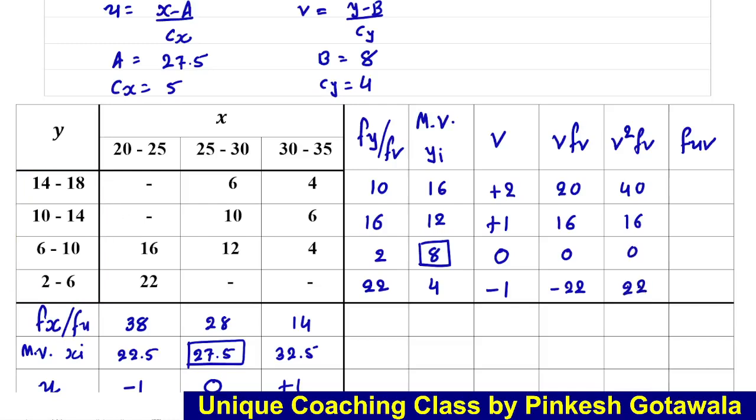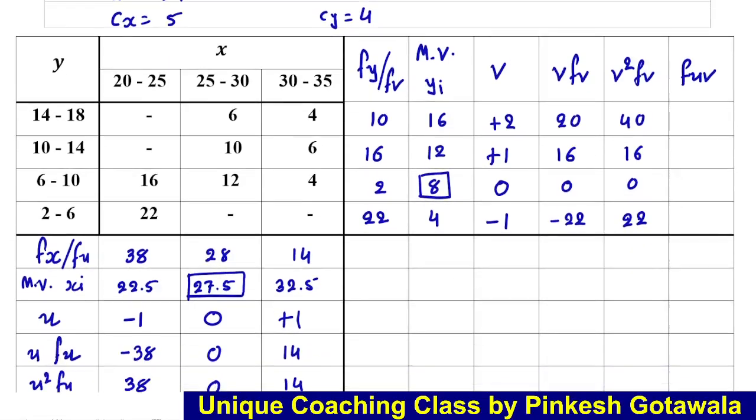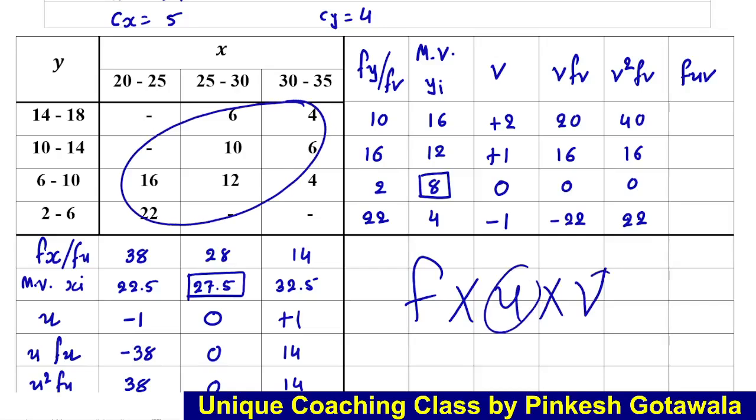Clear? Now our last column fuv. So if you practiced after watching the last video, then you know very well how to find this fuv. We have to multiply f into u into v, right? f means this is our f and we have to multiply with u and v. So let's see.